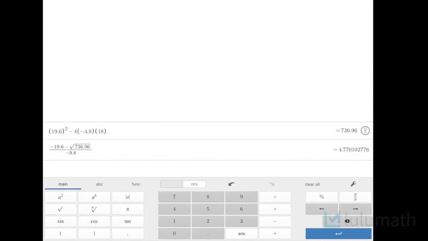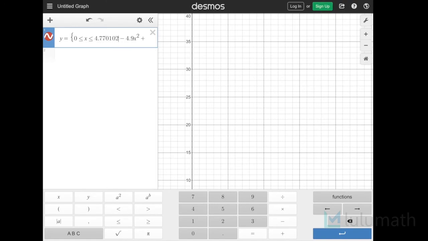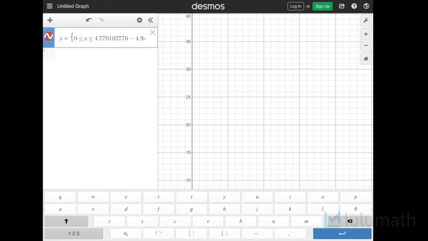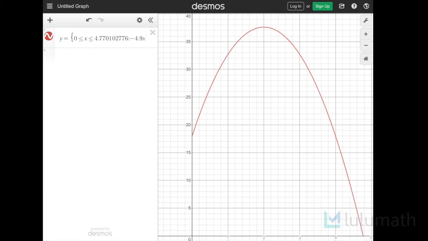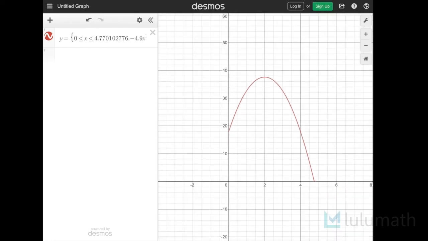But I'm going to type in 4.77010277 so I get a better picture of what's going on. Again, this is still an approximation, a rounded answer, but a slightly more accurate rounded answer. Then all I have to do is put in a colon, so we'll press shift and then the colon button. Now when we take a look at our graph, we see only the path of the ball where we want to see it.